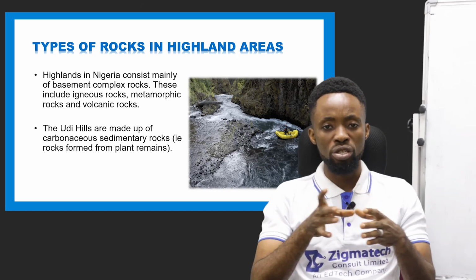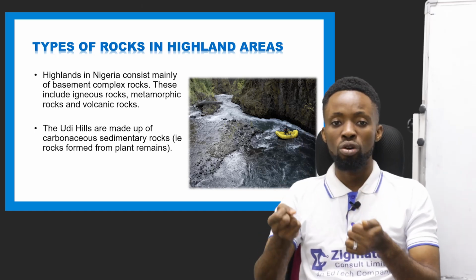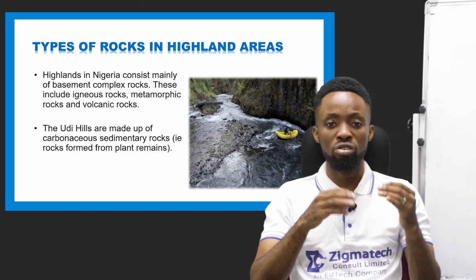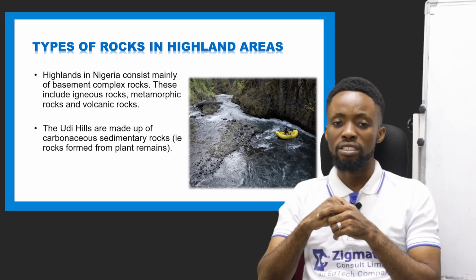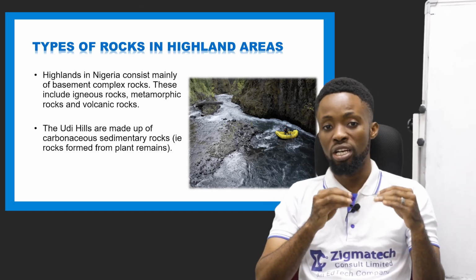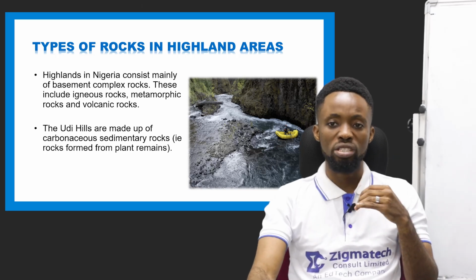So these remains from these plants and animals will give rise to the formation of what? The carbonaceous sedimentary rock. And this is a type of rock that is common in the eastern part of Nigeria and Udi Hills, to be precise.